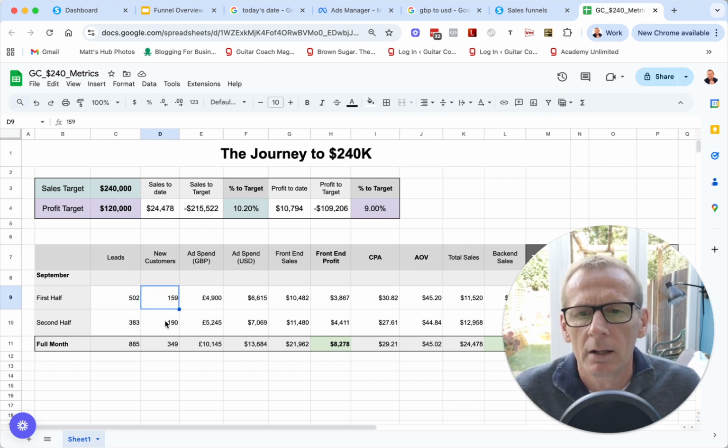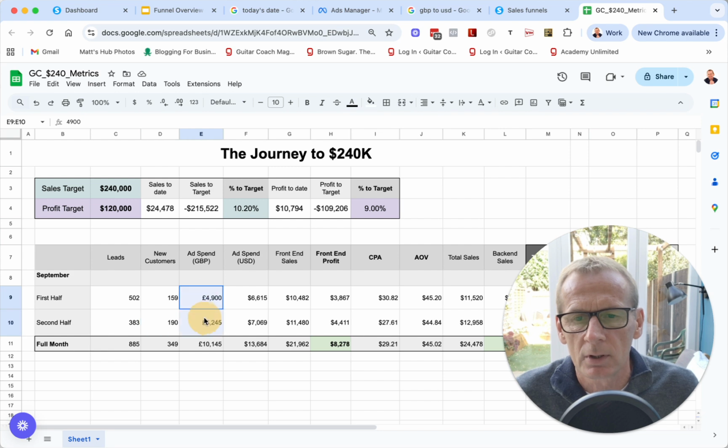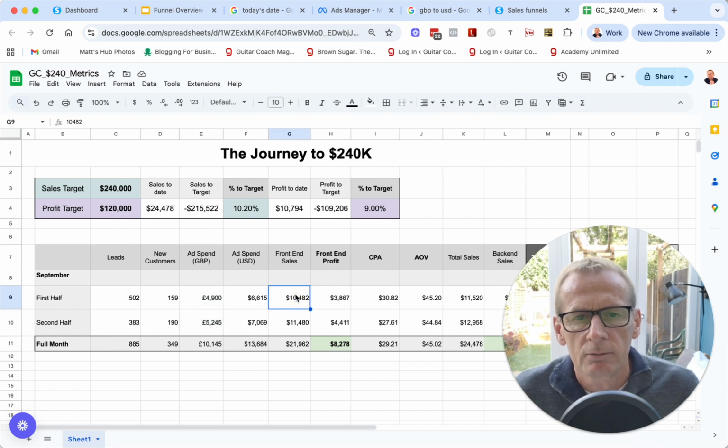So the number of customers increased in the second half of the month, but our ad spend did go up a bit as well with that. So I've got it in the UK because obviously that's what I'm spending in pounds, but then converted that to US dollars. Front end sales from that, and then the front end profit.